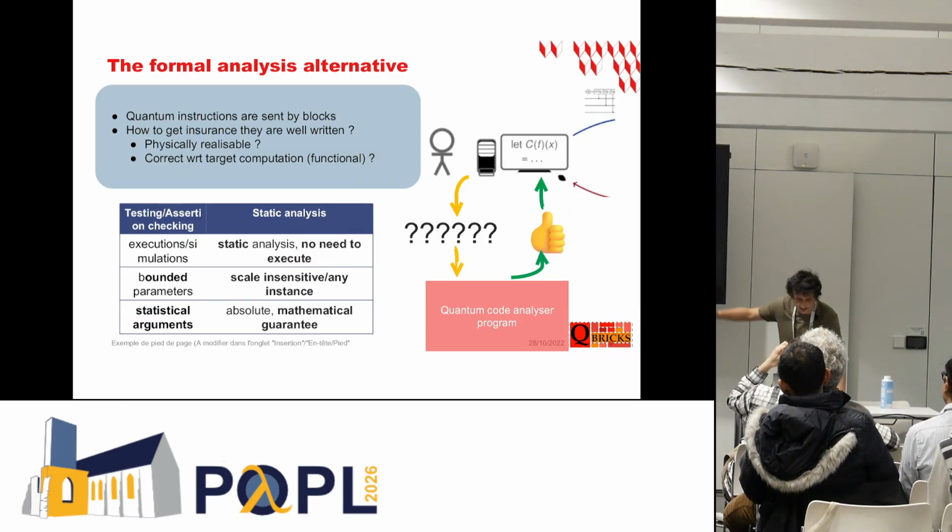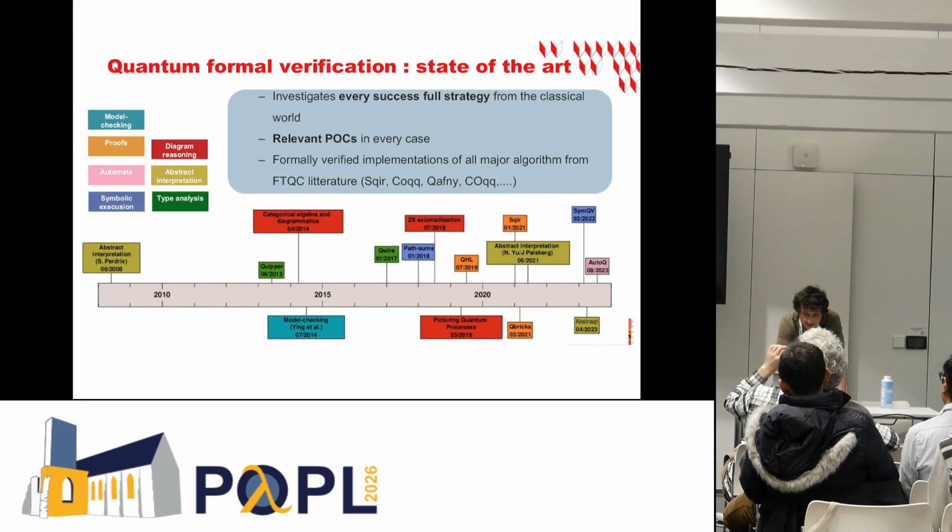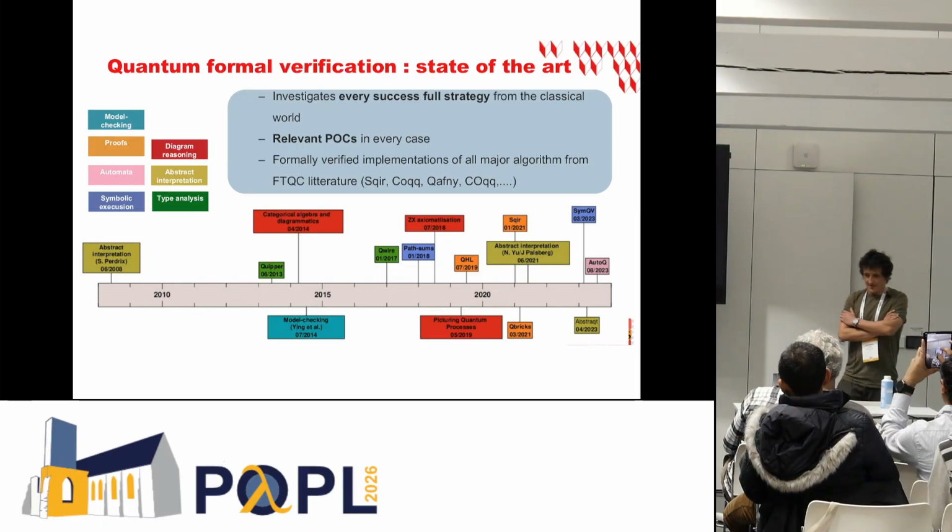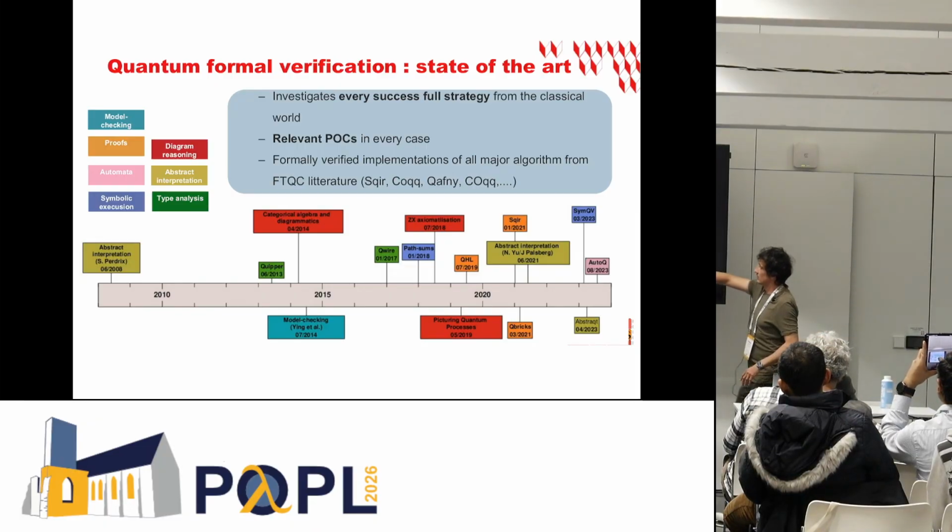So, in the last decade or decade and a half, we have seen efforts from a number of places in the world for the development of formal methods dedicated to the quantum case. Here is a sequence of some selected publications in the field.